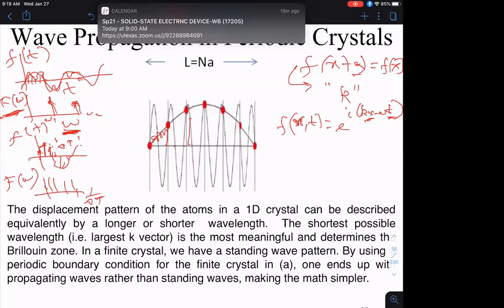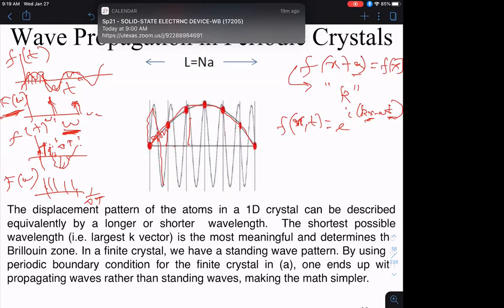Now, the thing to note is, if I'm looking at elastic waves, I really am only interested in the locations of the waves at the lattice points, right, which are these red dots. And that can be described in this particular displacement scenario as a wave where this is half the wavelength, right? But you could also say, now I want to describe that as a shorter wavelength, which is this wave over here, right?